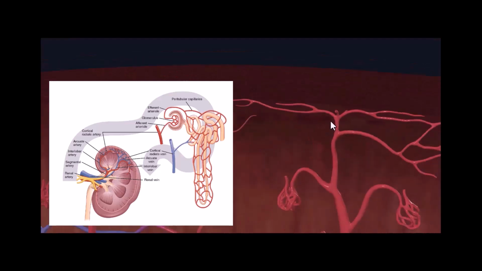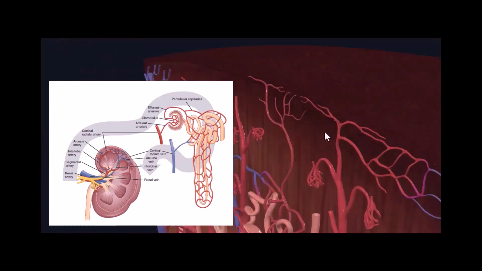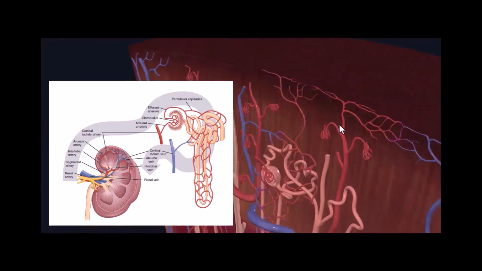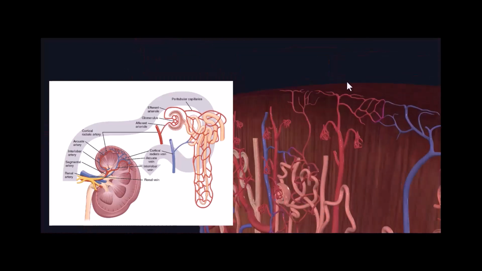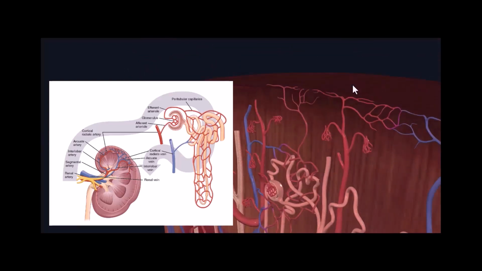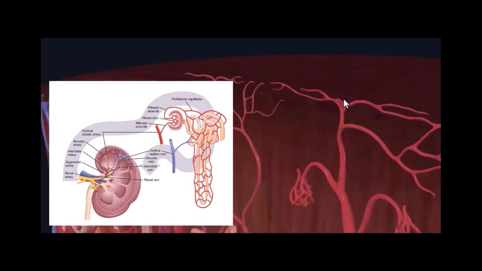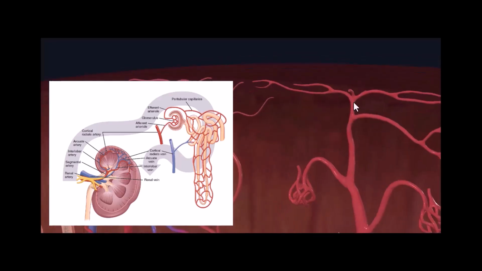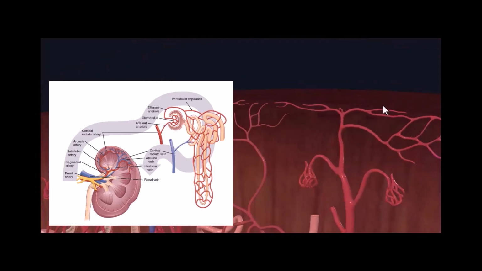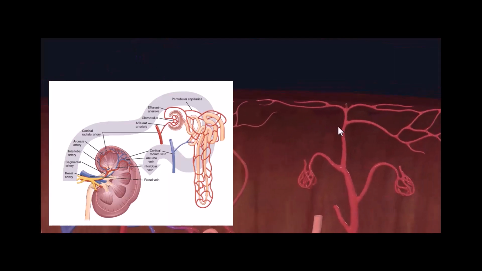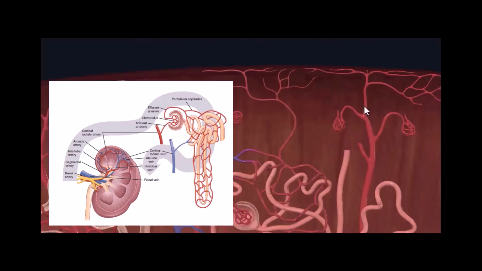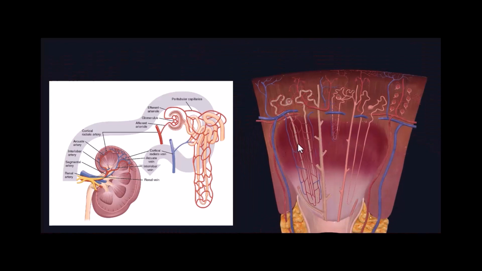Instead, it's just to supply oxygen and nutrients to the tissue of the kidney. So the kidney itself is a collection of tissues, and they need oxygen, they need nutrients. And so these intrarenal vessels are just going to vascularize the exterior portion of the kidney, and they're not really involved in this whole process.